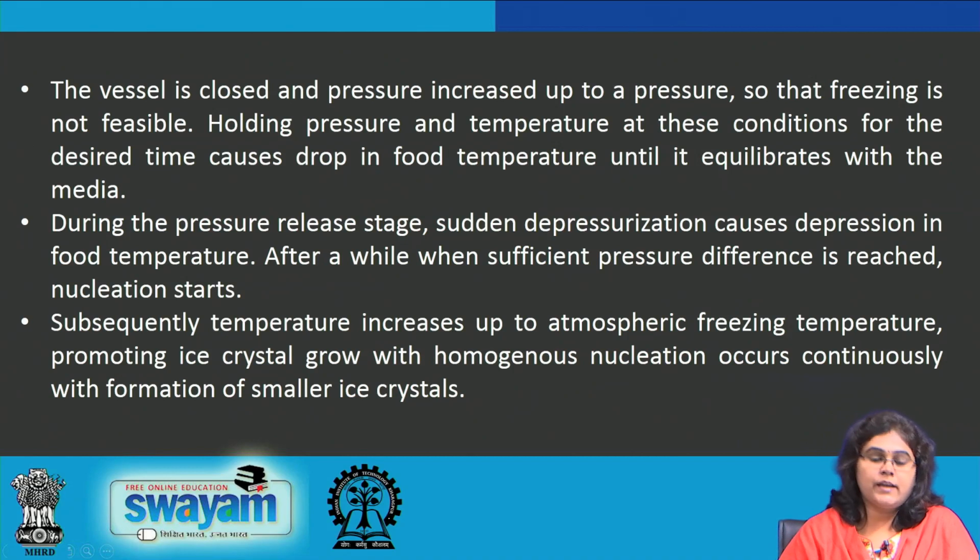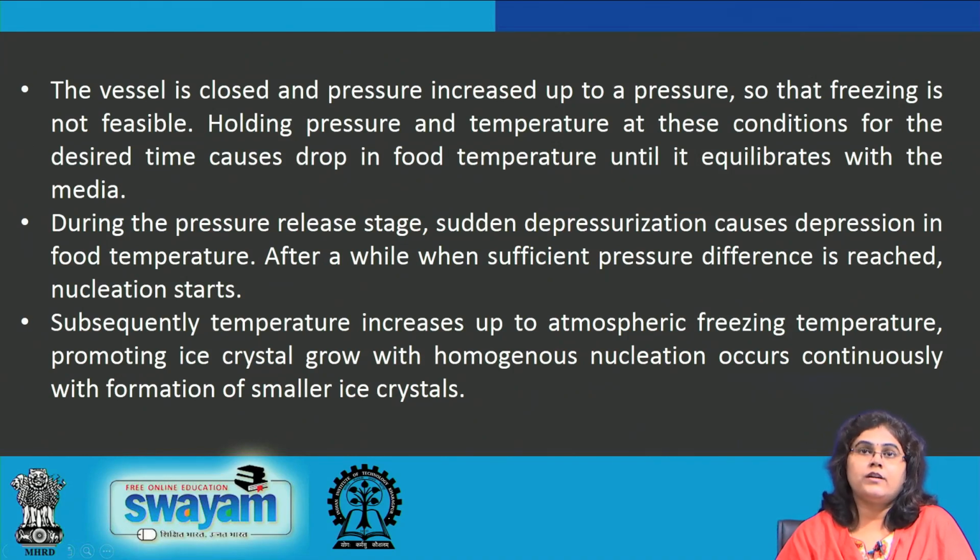The vessel is closed and the pressure increased up to a certain limit, so that freezing is not feasible. Holding pressure and temperature at these conditions for the desired time causes a drop in the food temperature until it equilibrates with the media.